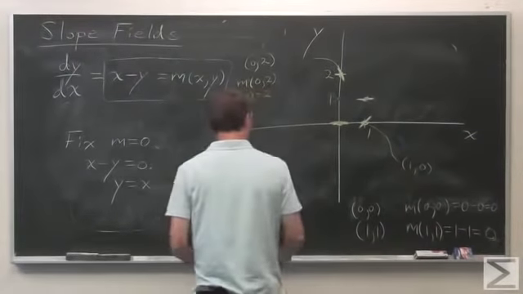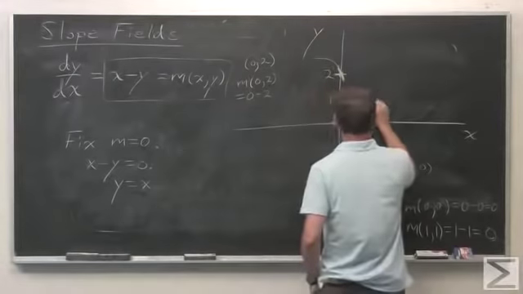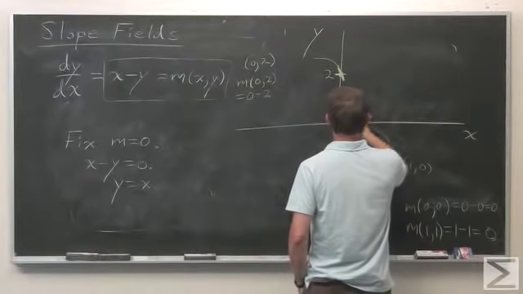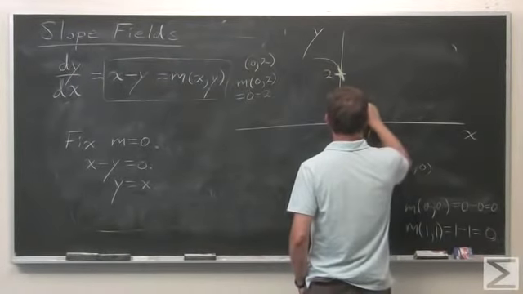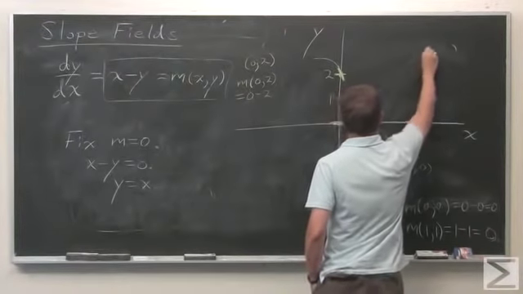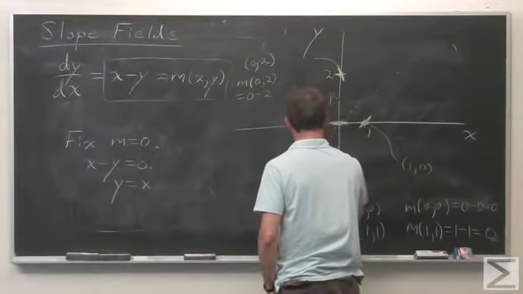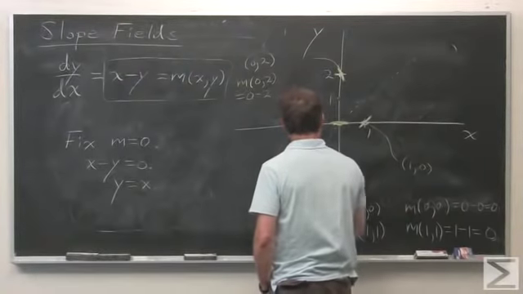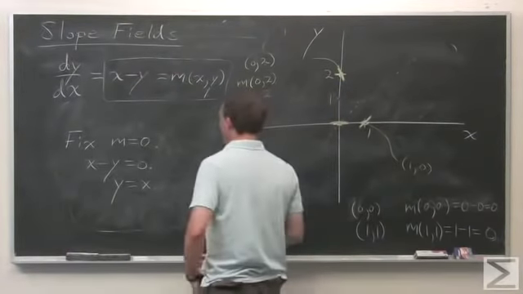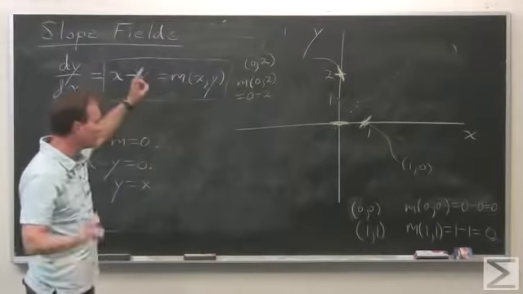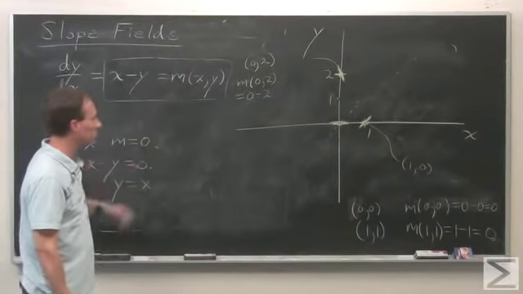So you can just go ahead and indicate the line y equals x. This is not a solution curve. This is just a curve. I'm drawing just a very fine dotted line because along that line, every single little line segment in our slope field has slope 0.